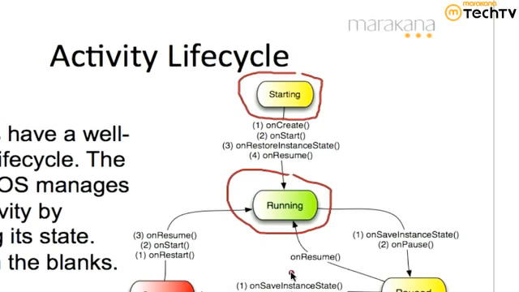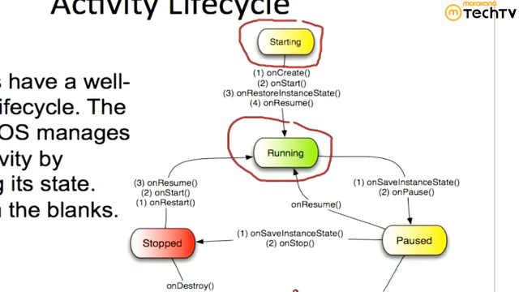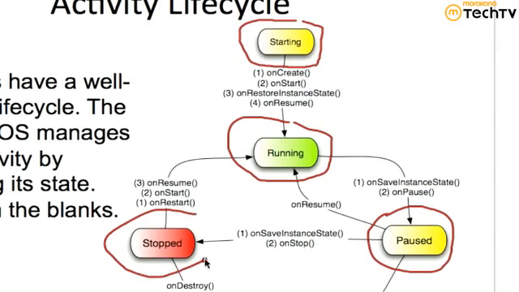Now you may have some activities which are visible but not in focus. It's kind of behind the other activity. You can still see it, but it's not in focus. That we call a paused activity. It means it's visible but not active, or running. Now, if an activity is totally invisible, totally obscured, hidden, it's in a stop state.